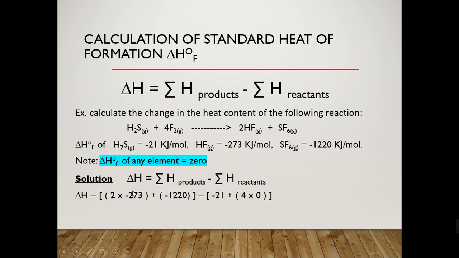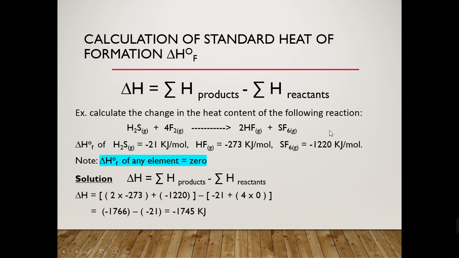This is for the summation of the products, minus sigma reactants. The first reactant H2S, the heat of formation of this compound negative 21, plus 4 multiplied by 0 for fluorine.